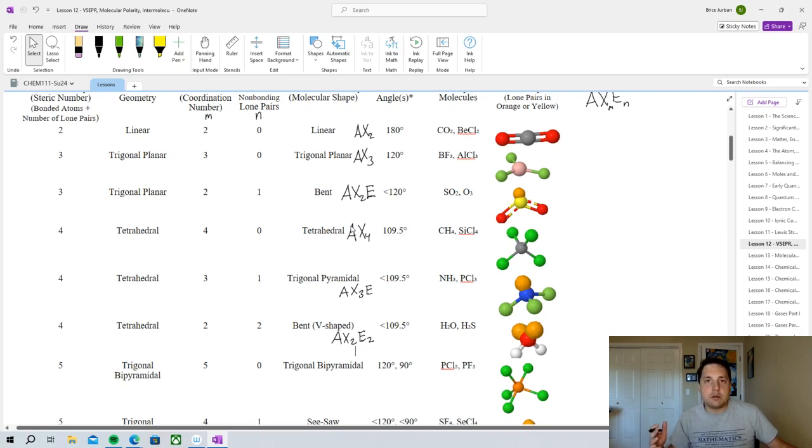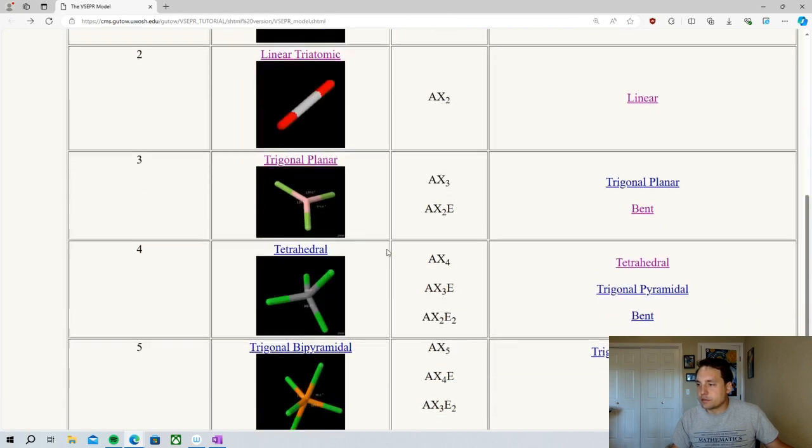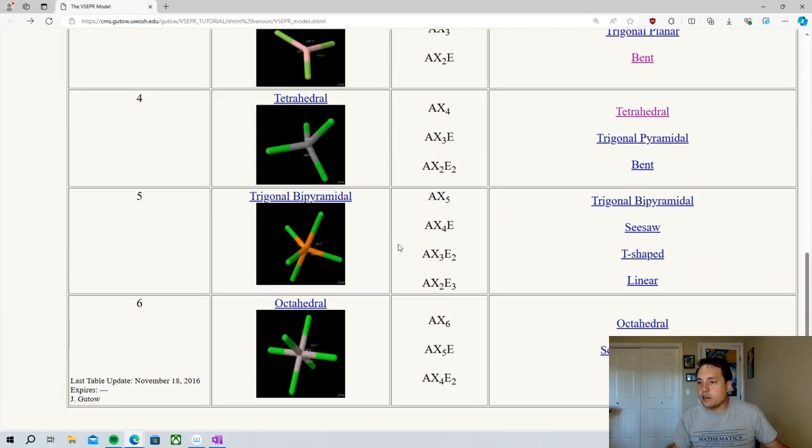At this point, you've learned most of the important geometries for simple organic molecules. However, there are some other ones I wanted to talk to you about today. These are the shapes that come about when you have coordination number 5 or 6.